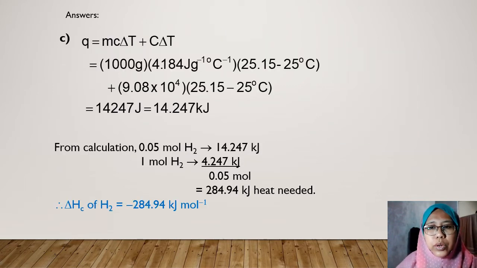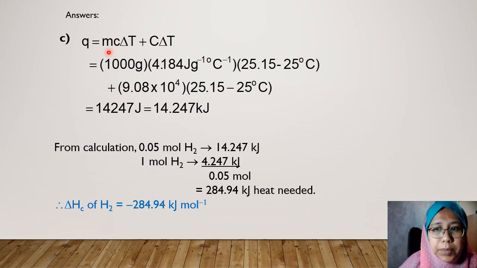Okay, so the formula that we are going to use for this question, because it used calorimeter bomb, which has water in the calorimeter, we are going to use Q equals to MC delta T plus C delta T. Q equals to M. M here is not the M of hydrogen gas, because we are not measuring the heat released by the burning process of hydrogen, but we are calculating the heat absorbed by the water and calorimeter.